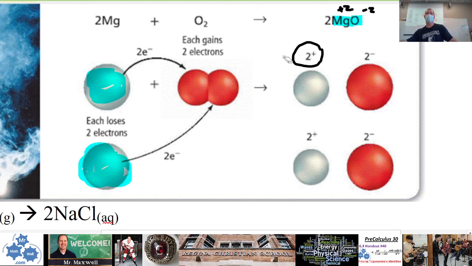And so there's a transfer of electrons. These are both neutral. The magnesium gives up electrons. The oxygen accepts the electrons to become ionic in nature, and that's how they get together as an ionic compound. Okay? Now, we didn't talk about this at all before.